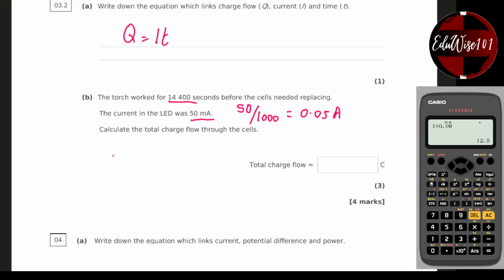So the charge is I times T, and the current is 0.05 multiplied by, now you don't really need to convert the time, it has to be in seconds. So 0.05 times 14,400 gives me 720.